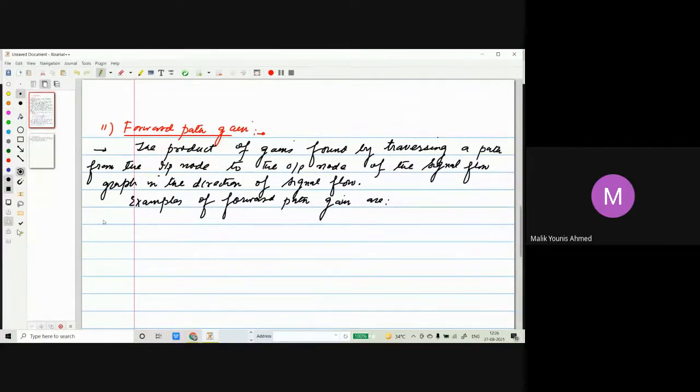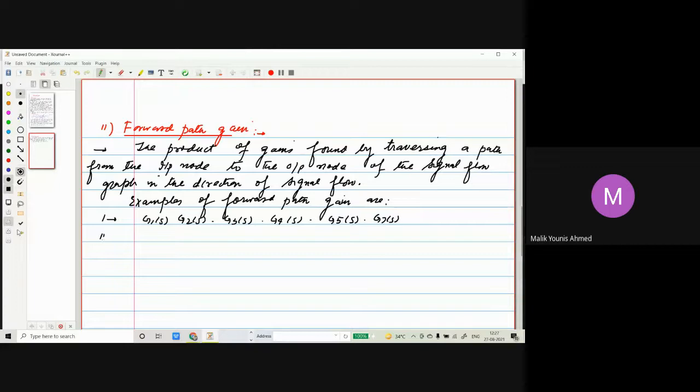So very clearly, these are the two examples. Number one forward path will be G1 of S multiplied by G2 of S multiplied by G3 of S multiplied by G4 of S multiplied by G5 of S multiplied by G7 was the last.